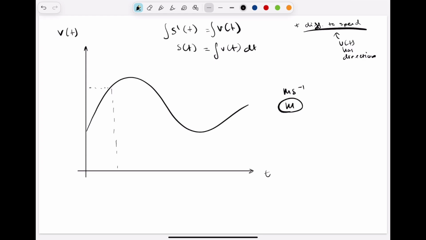So for example, here, if this is my point and my velocity here is at t equals 3, then the area under this curve right here is equal to s of 3 when we're looking at displacement from the origin.